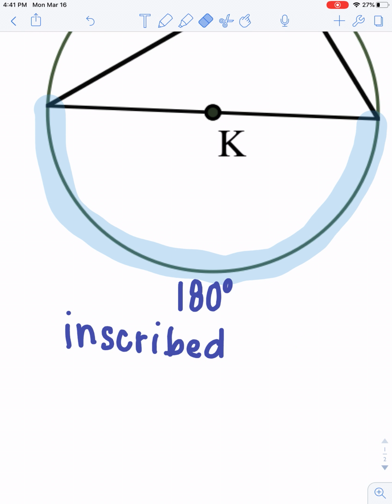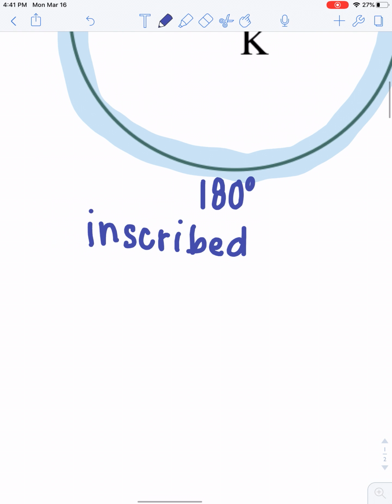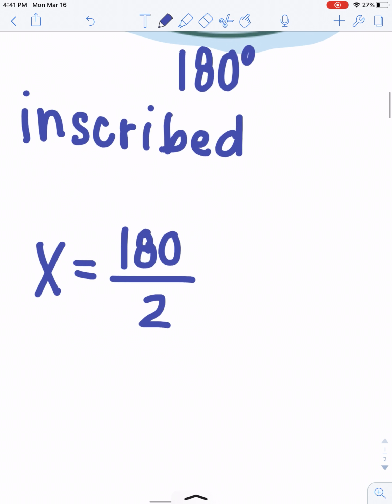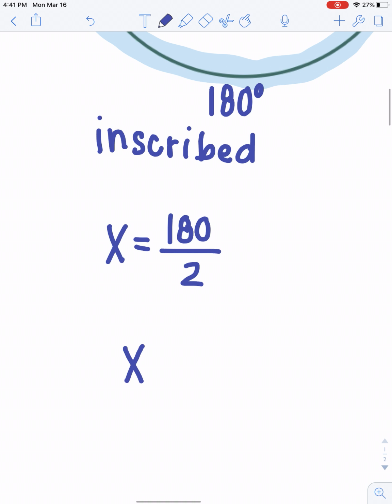Now, using my angle relationship, I know that x will equal my intercepted arc of 180 degrees divided by 2, meaning that the measure of x is 90 degrees.